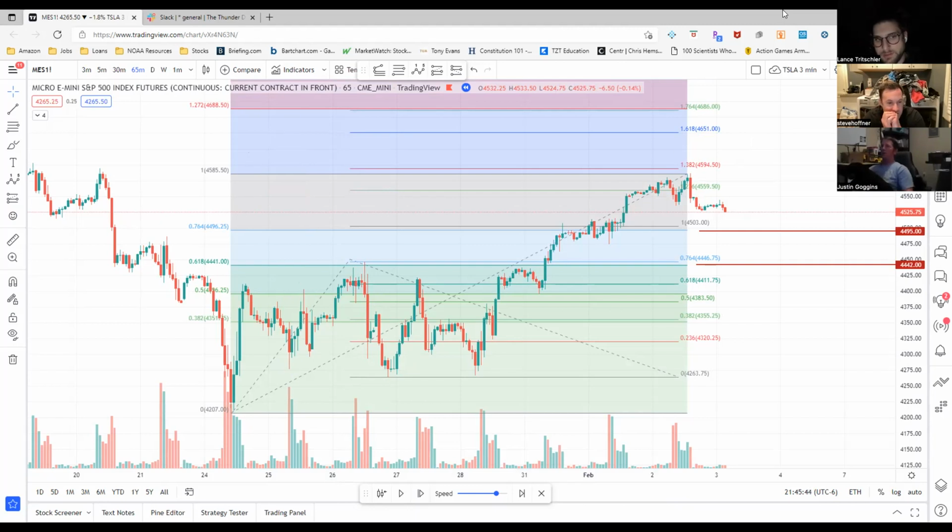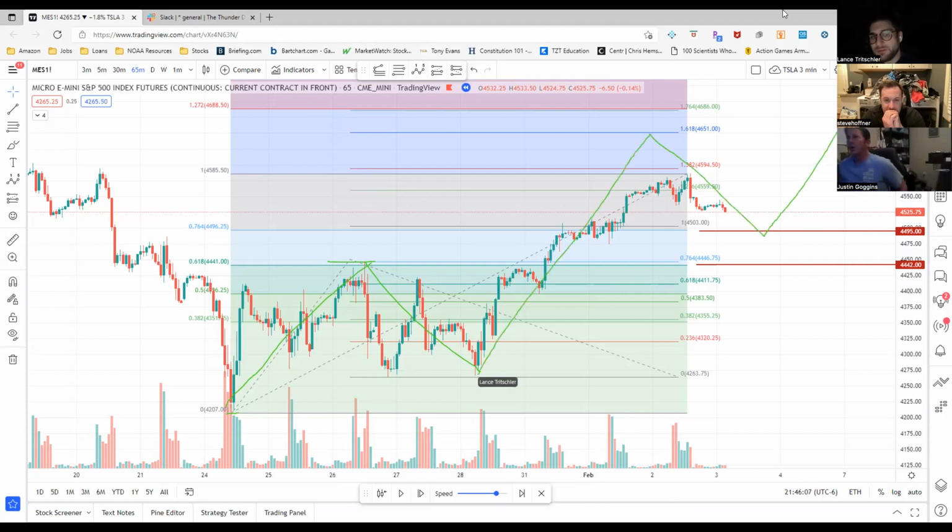So if my 1 is this big, and my 2 is this big, if this move extends into a 3 and then a 5, I anticipate the 1-2 move will extend up to the 1618, then it'll have a pullback, and then it will extend to the 2.